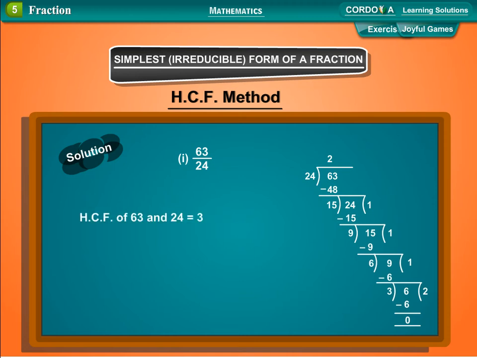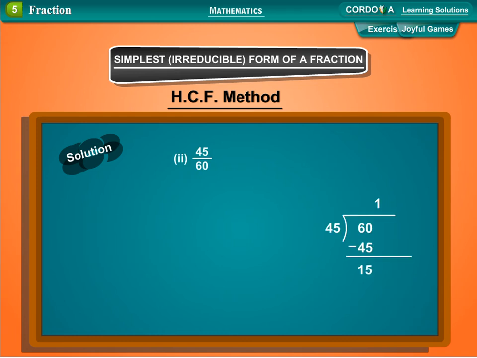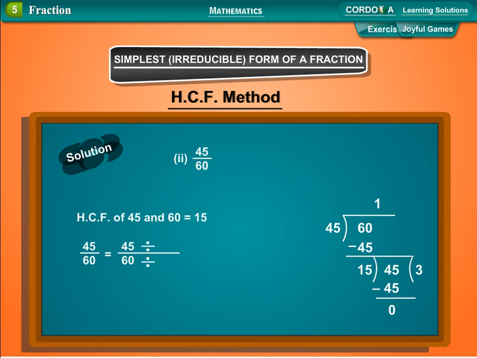HCF of 63 and 24 is equal to 3. 63 upon 24 is equal to 63 divided by 3 upon 24 divided by 3, which is equal to 21 upon 8. The given fraction is 45 upon 60. HCF of 45 and 60 is equal to 15. 45 upon 60 is equal to 45 divided by 15 upon 60 divided by 15, which is equal to 3 upon 4.